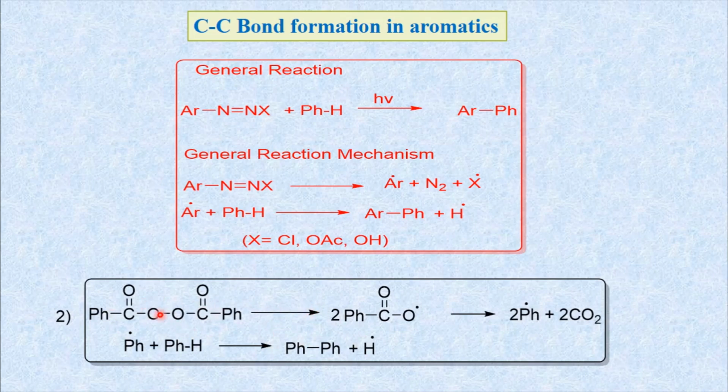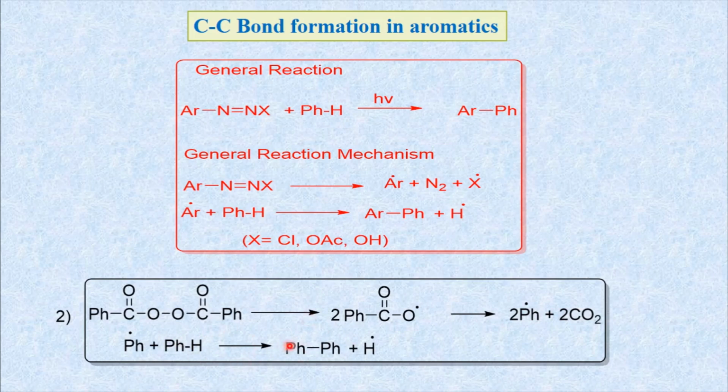So this benzoyl peroxide undergoes decomposition. This peroxide bond is a weak bond, so you'll get this benzoyloxy radical. From that decomposition reaction, you'll get this aryl radical, Ph radical. Then this Ph radical reacts with this aromatic solvent. You'll get this final compound.